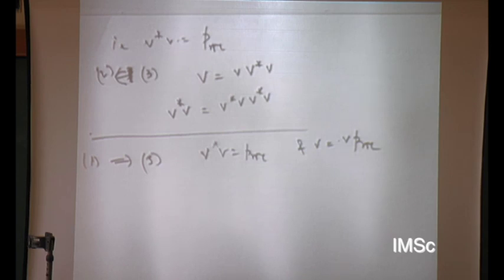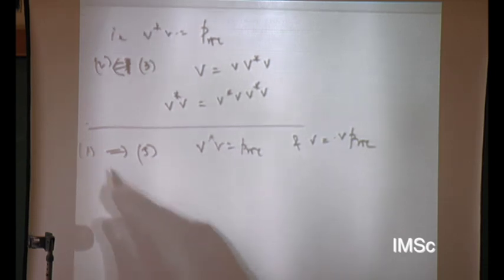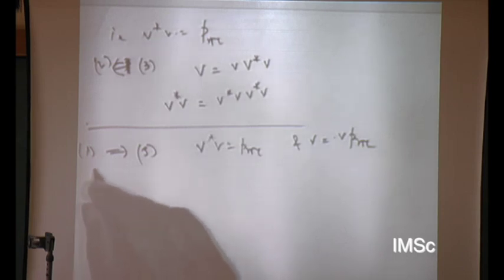If V star V is a projection, that means it is a projection onto M. That means V will be isometric on M. Right? Two implies one.